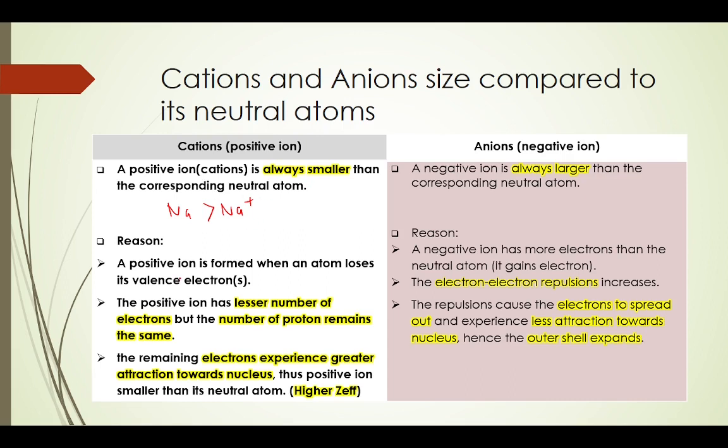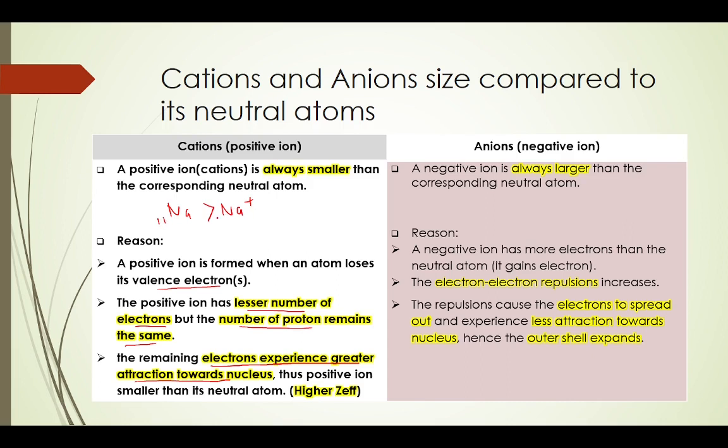Why? A positive ion loses valence electrons. The number of protons remains the same. It has fewer electrons, but the number of protons remains the same. So the remaining electrons still in the atom experience greater attraction towards the nucleus. For example, sodium's proton number is 11.